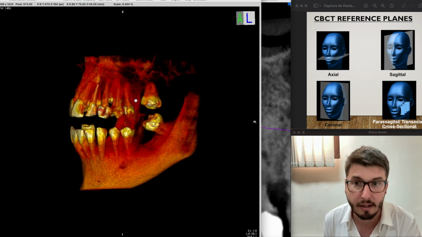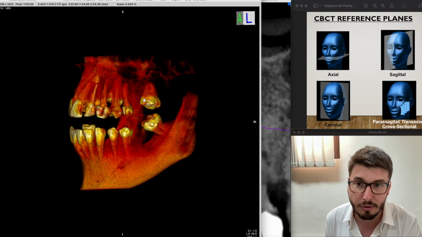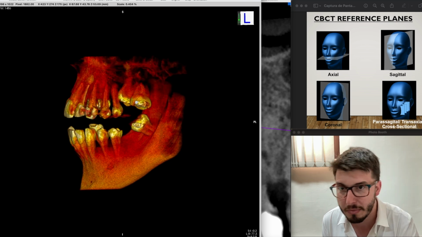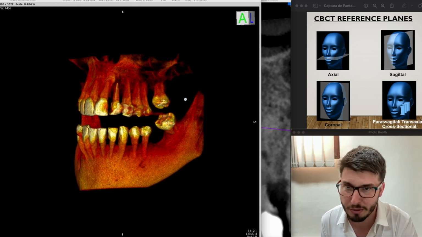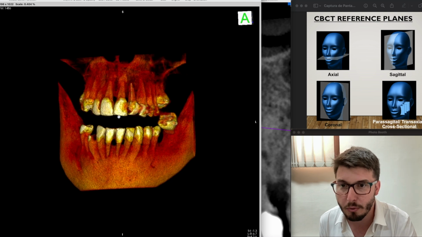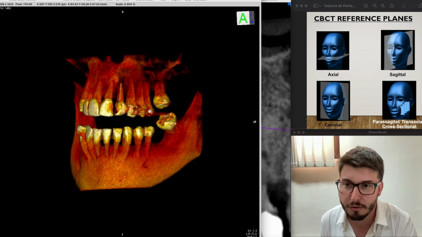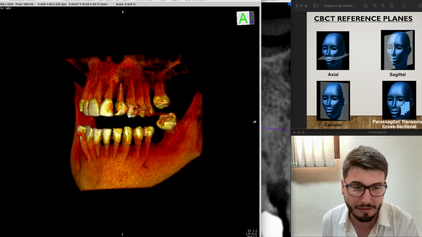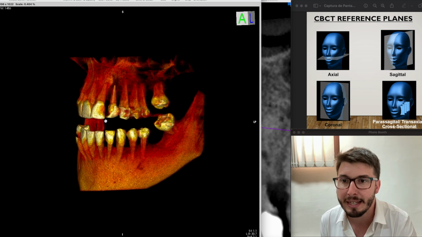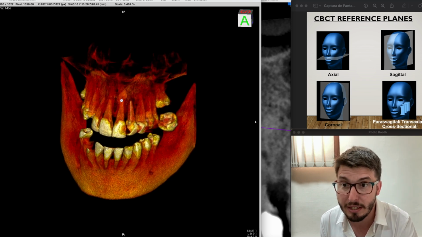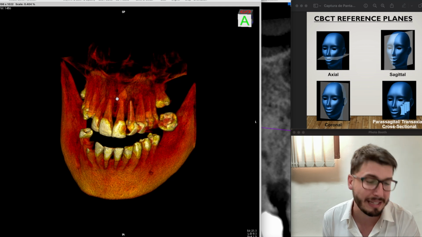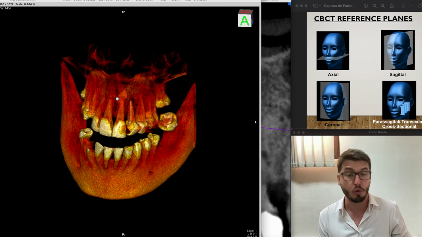Everything's fine here. First premolar is missing, and then we have this tooth here, which could be the second or the third molar, of course, molars, not premolars. But then from 1 to 5, so from incisor to premolar, we have everything fine here, okay? And of course, that's saying for us that this tooth, the supernumerary one, is indeed a supernumerary tooth, okay?